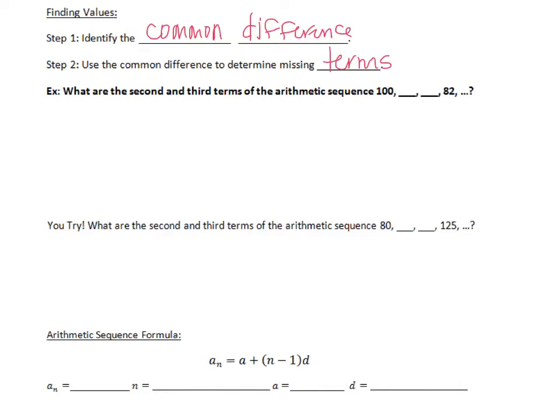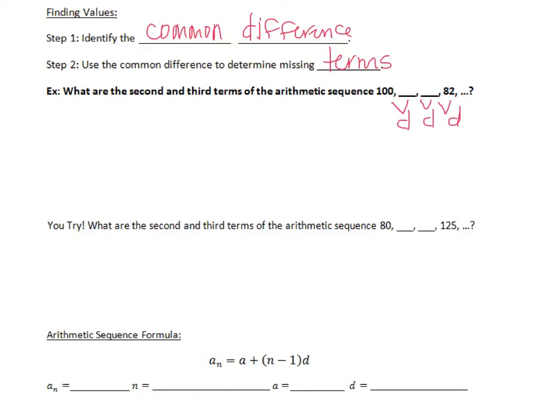Alright, since it is an arithmetic sequence, we know that we have a common difference that gets us from the second term to the first term, and the third to the second, and then the fourth back to the third. There are our common differences. So if I wanted to find those other terms, I need to determine what D is.